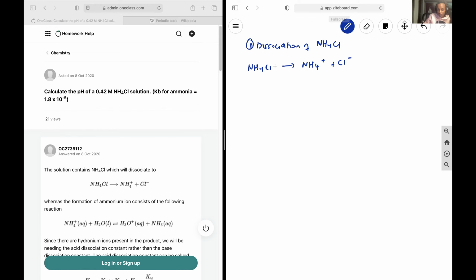And all of this is, of course, in aqueous solution.